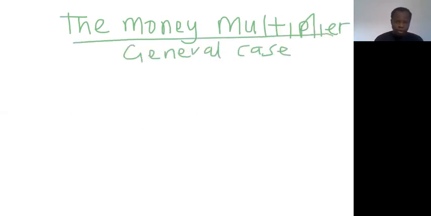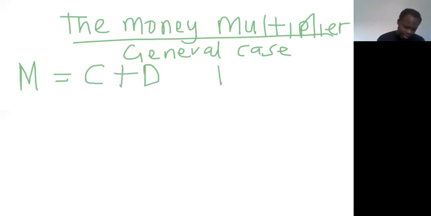Okay, so first of all, we are going to define money as our currency plus our deposit. So I will use M to represent money, which equals currency plus deposit. This is also known as M1.